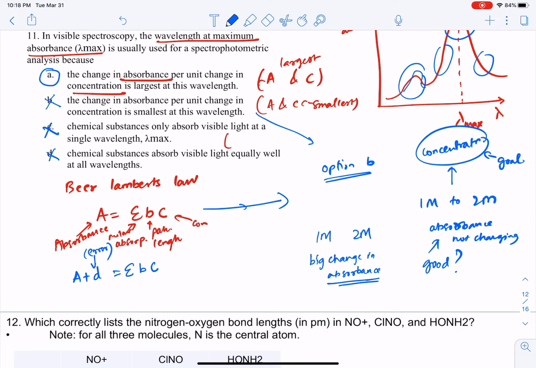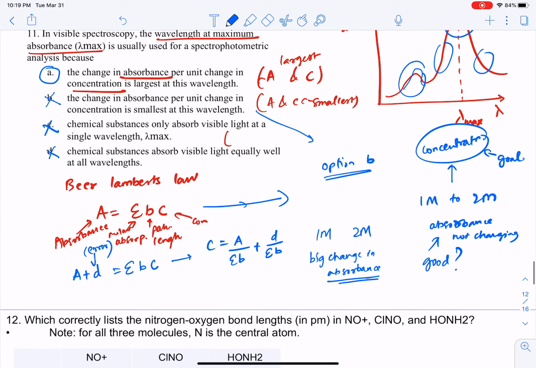If you redo this, it becomes A by εb plus D by εb. Now applying the meaning of option A, the change in absorbance per unit change in concentration is largest at this wavelength.